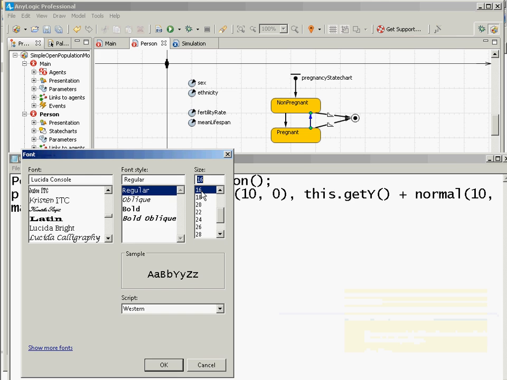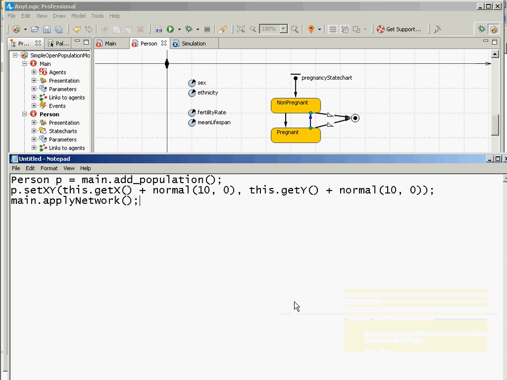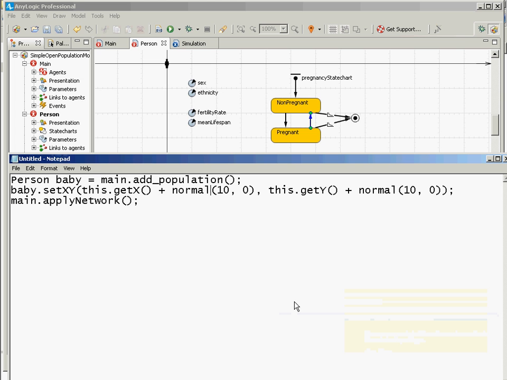So what's happening here? We're adding to the population. This is the baby. Instead of calling it P, let's call it baby. We're going to set the baby's location to be this, and then we're going to apply the network to knit the baby into the nearby people.